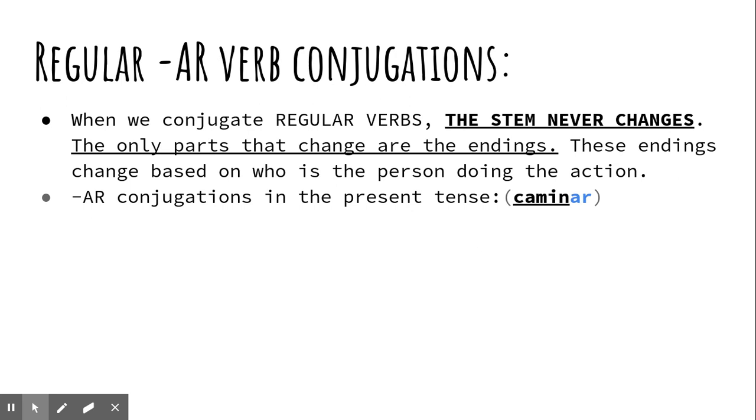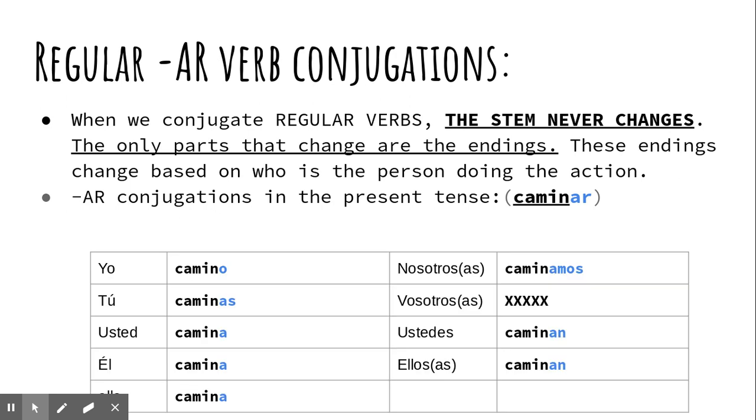For example, let's look at the conjugations of the verb caminar. Like I said, the verb caminar has a stem and an ending. The stem is not going to change at all. If we look at these conjugations, you can clearly see that the stem of the verb stayed the same in all those conjugations.